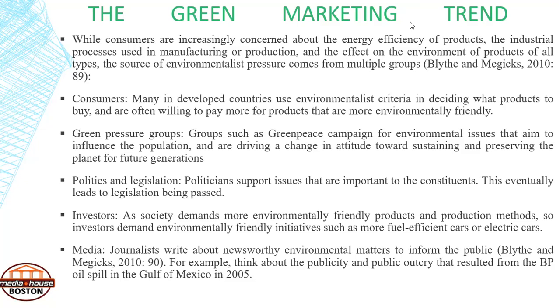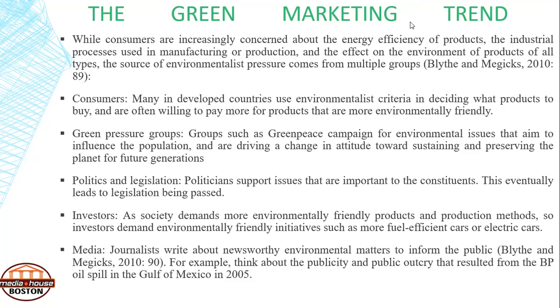Consumers, even in developed countries, even here in South Africa, use environmentalist criteria in deciding what products to buy and are often willing to pay more for products that are more environmentally friendly than products that actually destroy the environment.